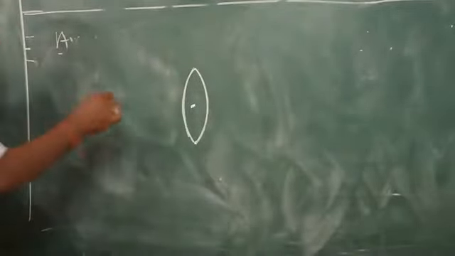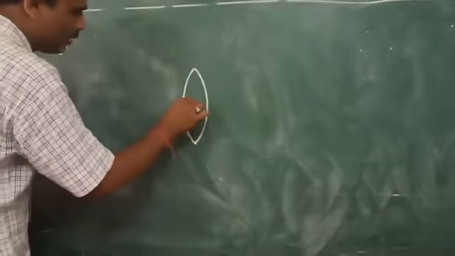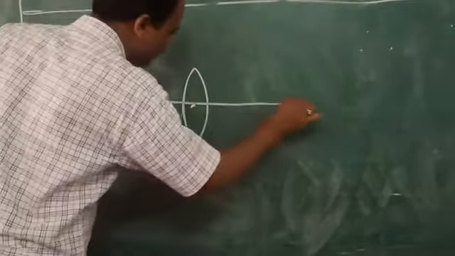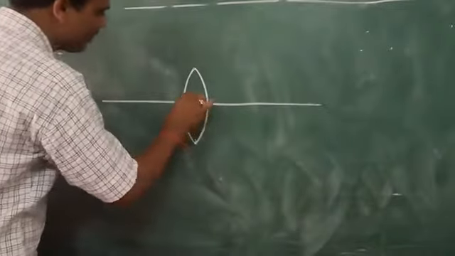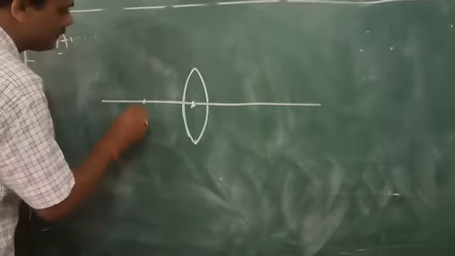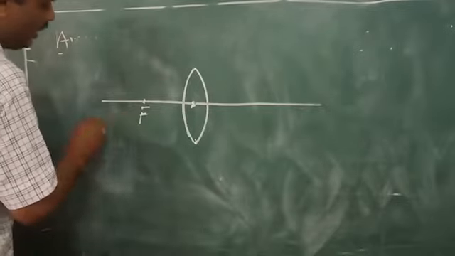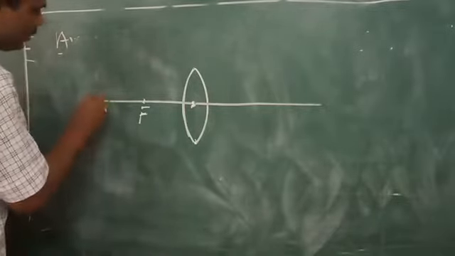This is the optical center. This is the principal axis, and this is F and this is 2F.